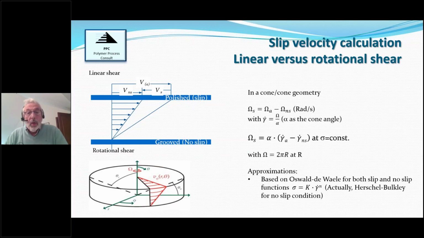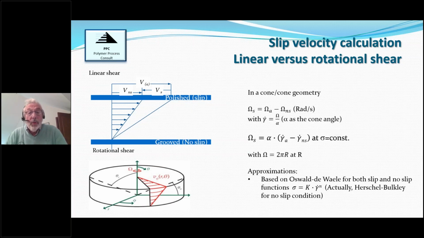Now, of course, in a cone-cone geometry, we are using a rotational shear, but the system is the same. The angular velocity in slip equals the difference between the apparent angular velocity and the angular velocity without slip.